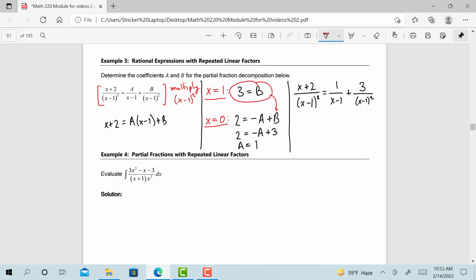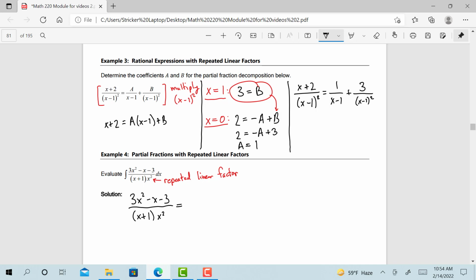So in the denominator here, the x squared, this is a repeated linear factor. So we need to go ahead and rewrite the whole thing. So if we have 3x squared minus x minus 3 over x plus 1 times x squared, how are we going to rewrite that?